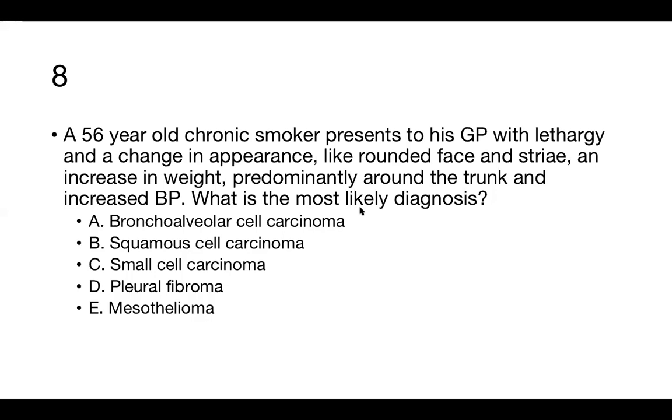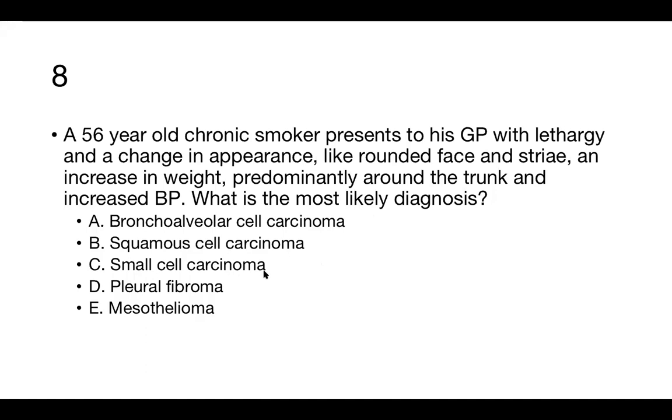Because of this chronic smoking history and a 56-year-old person with this, it may be a case of paraneoplastic syndrome. And the most common lung cancer which gives rise to paraneoplastic syndrome is small cell carcinoma or oat cell carcinoma. So this is Cushing syndrome caused by ACTH release by small cell carcinoma of the lung.